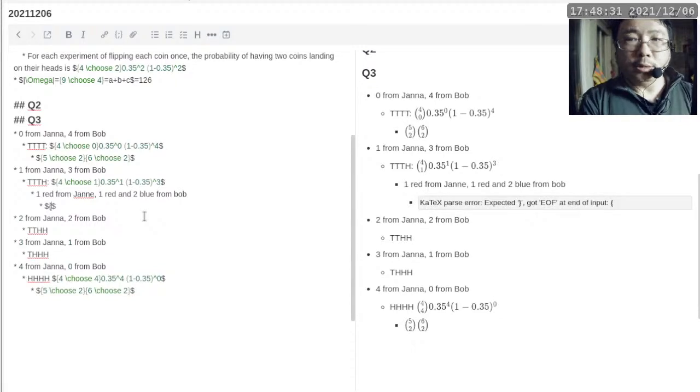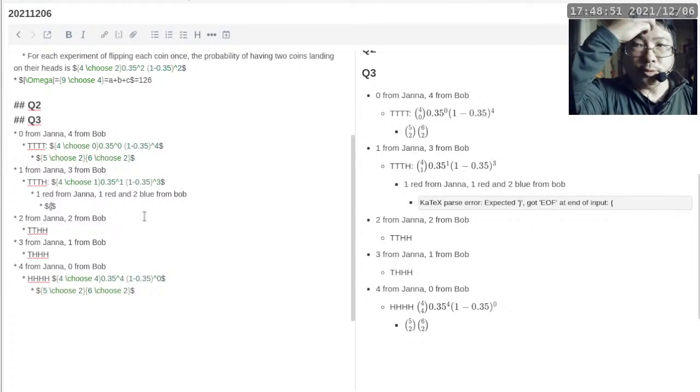Well, it's not really that difficult, because we just have to say, well, of the 1 marble that is coming from Jana, it has to be coming from the red portion. So how many ways can we do that? We have to count the number of ways to do this.